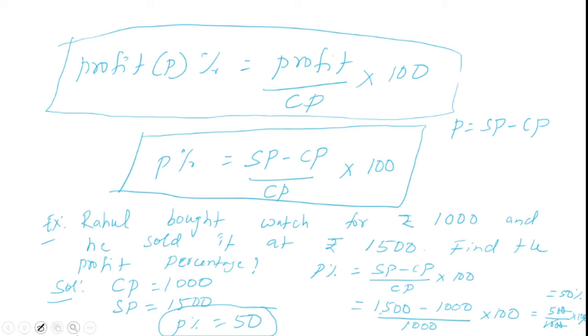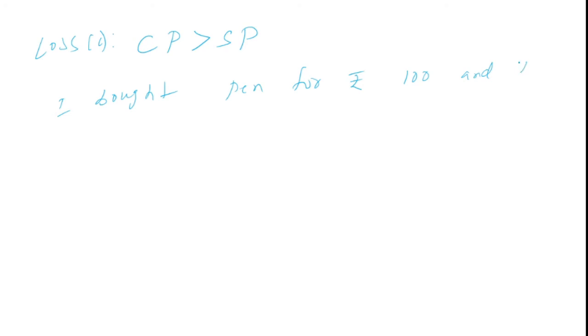Now we go for loss. When will you get loss? When cost price is more than selling price. Let us take this: I bought a pen for rupees 100 and sold it for rupees 50, half the price.